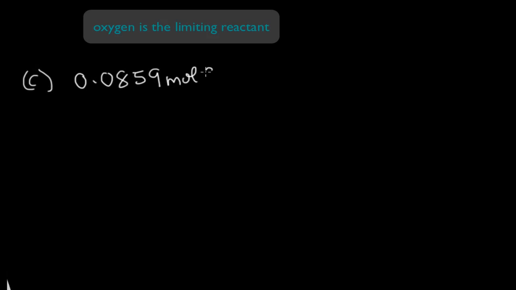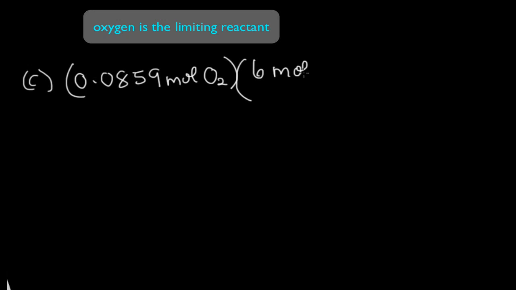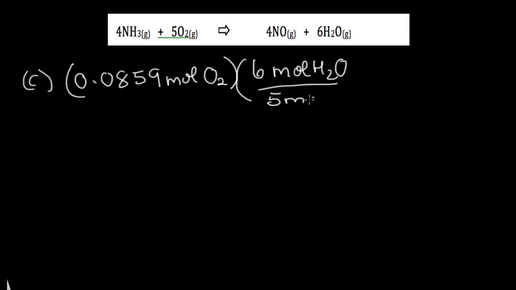So we go back to the fact that our 0.0859 moles of O2 was the limiting reactant. The limiting reactant defines everything. We look at our balanced equation and we see that we have 6 moles of H2O for every 5 moles of O2.